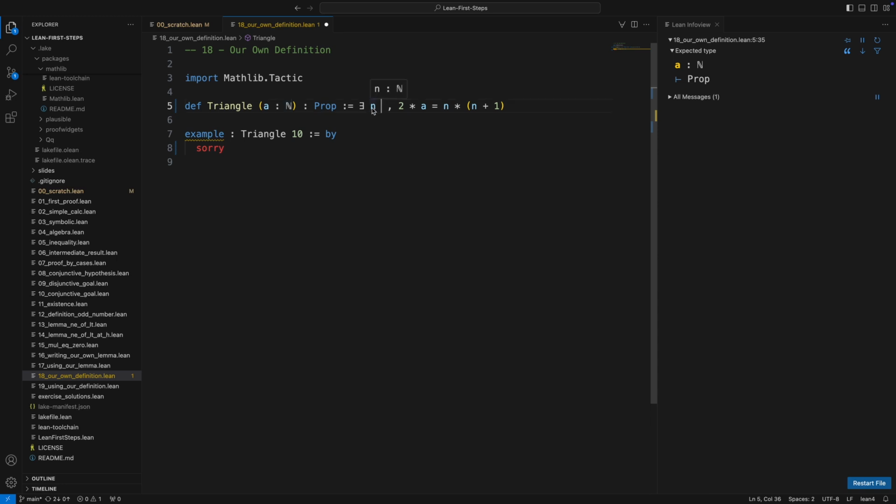See, if I hover over it, it says it's a natural number. But for completeness, it's a good thing to be able to do that, just to be clear. So that was a good spot. So we're saying there exists a natural number n such that 2 times a, a being the parameter that's supplied, can be written as n times n plus 1.